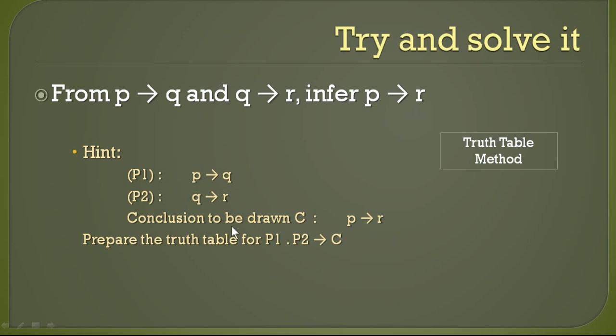After finding these two columns, combine P1 dot P2 using the AND operation, then use implication, that is conditional, find P implies R also, and then finally conclude. So try this using the truth table method.